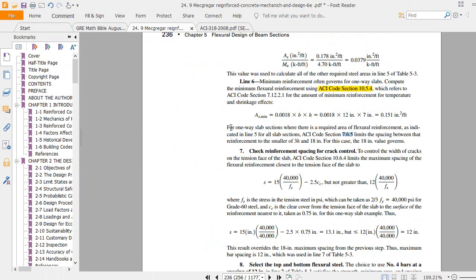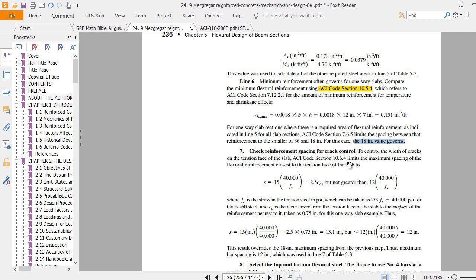For one-way slab sections where there is a required area of flexure reinforcement, ACI code section 7.6.5 limits the spacing of that reinforcement to the smaller of 3 times h or 18 inches. Our spacing should never be greater than 18 inches or 3 times h, whichever is smaller. For this case, the 18 inch governs.